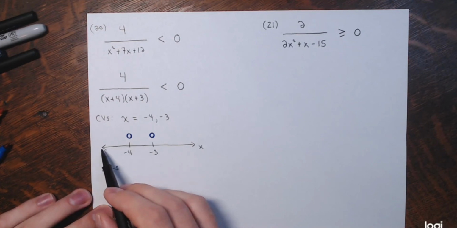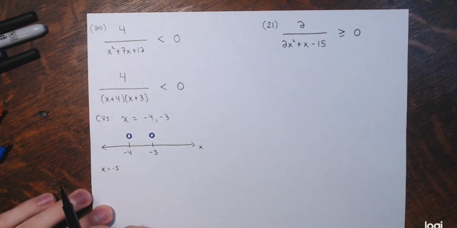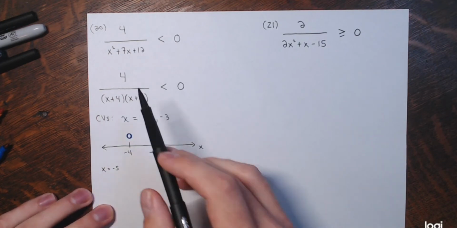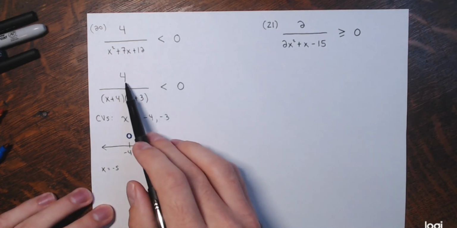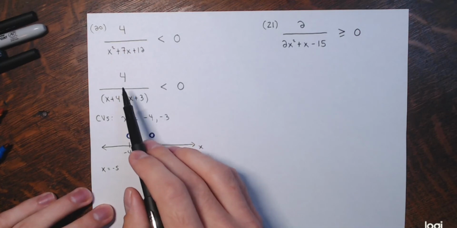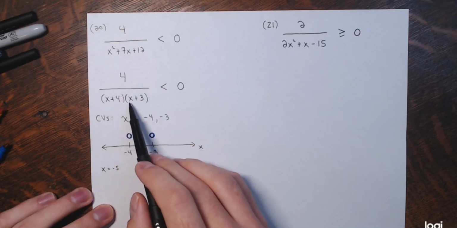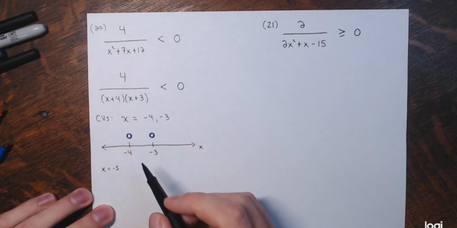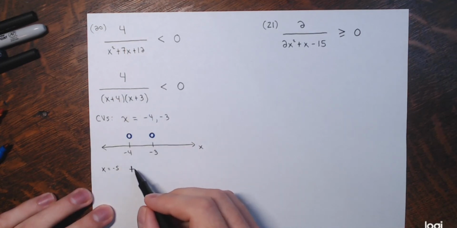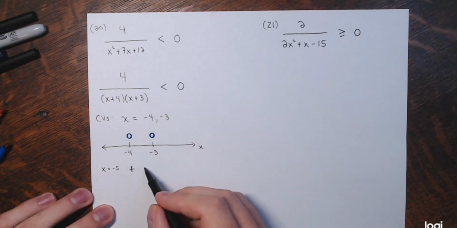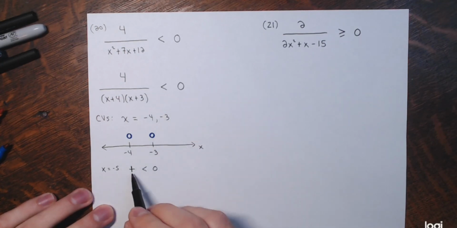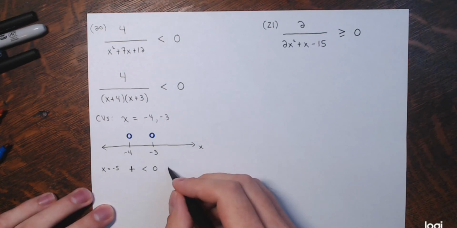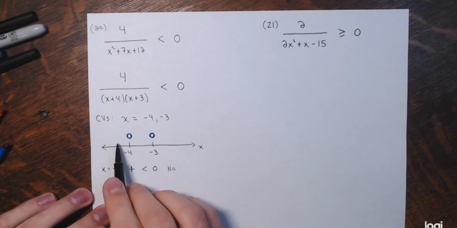Again, -5, -6, whatever you want to the left of -4. Plug that in now. The numerator is positive for this fraction. And then you'd have a negative factor times a negative factor in the denominator. So a positive divided by a positive. So you'd have a positive number on the left. What we have is less than 0. And is a positive number less than 0? No. So I don't have solutions over here.